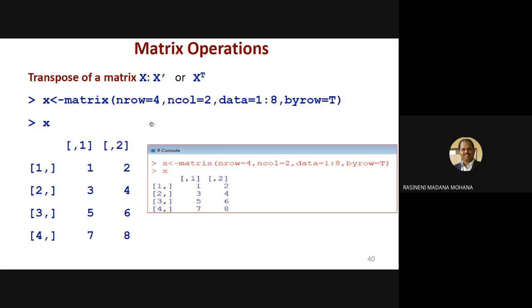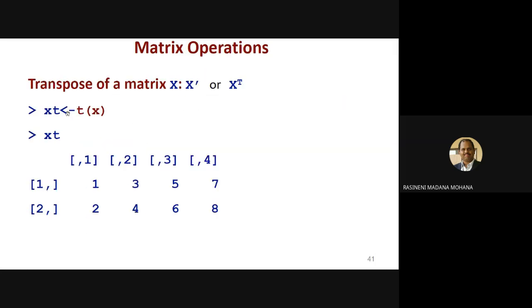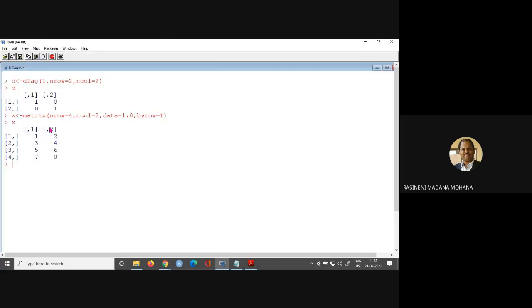Now to find the transpose of a matrix, we can use the command t, simply t of the matrix name. It directly displays the transpose, or the result can be stored in a variable name. So t of x. Now you can see 4 by 2 becomes 2 by 4: the transpose of the matrix.